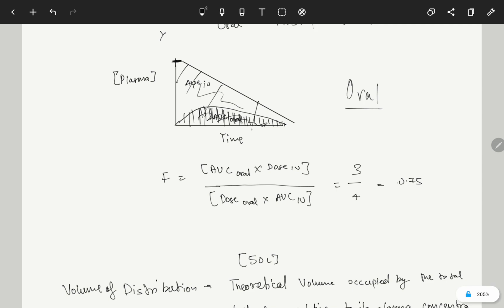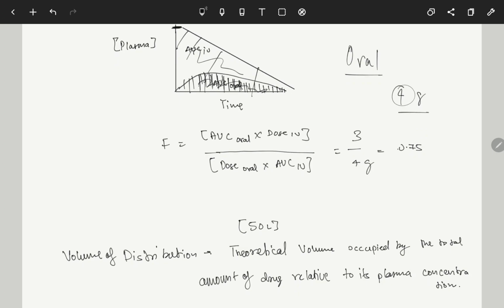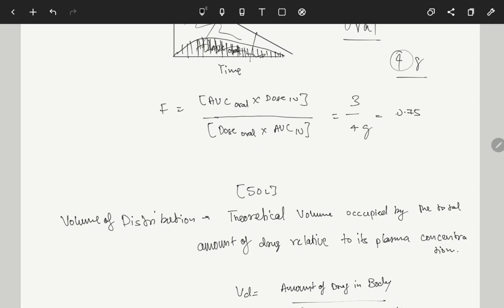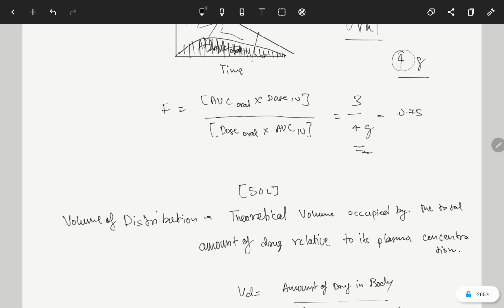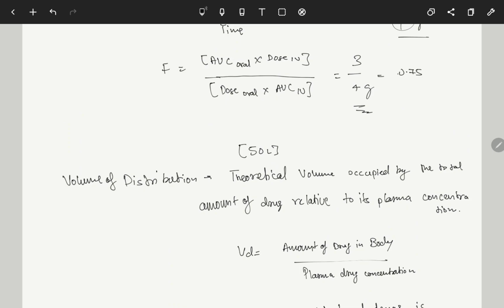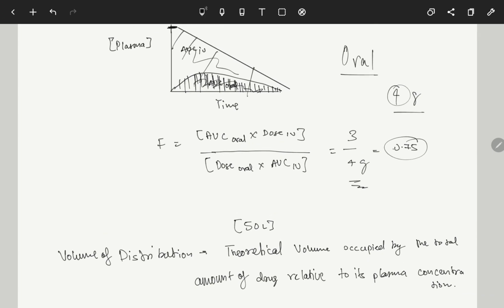If you take a 4-gram drug orally, then only 3 grams will reach your blood vessels, because it is absorbed by your digestive tract. If you take it directly through IV, the whole amount will be inside your blood vessels. So bioavailability is a ratio. 3 and 4 is 0.75.